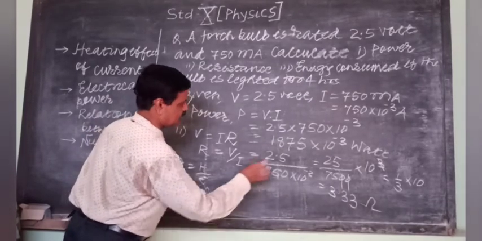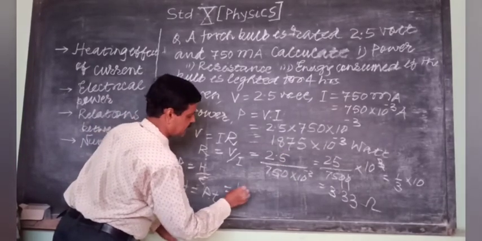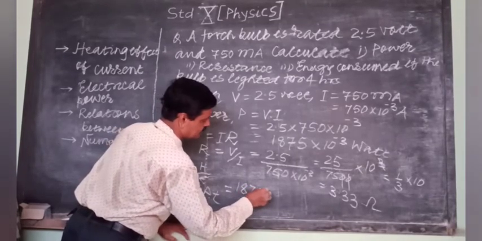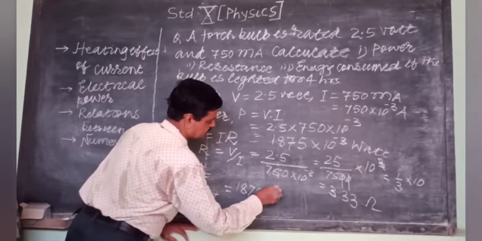P is equal to how much? 1875 into 10 to the power minus 3.